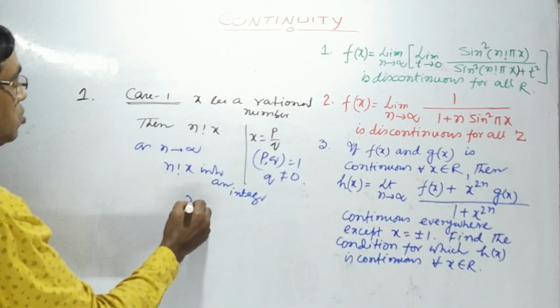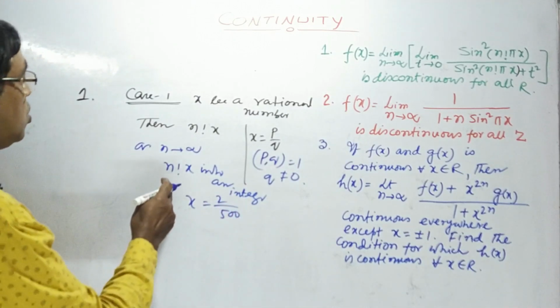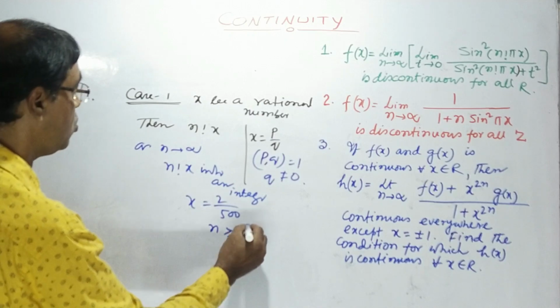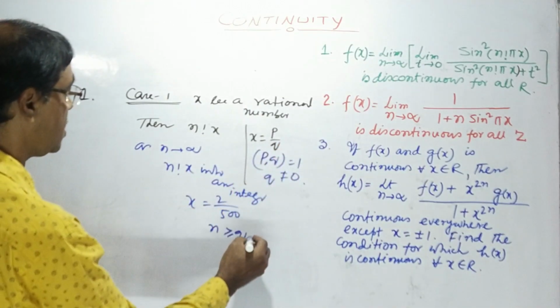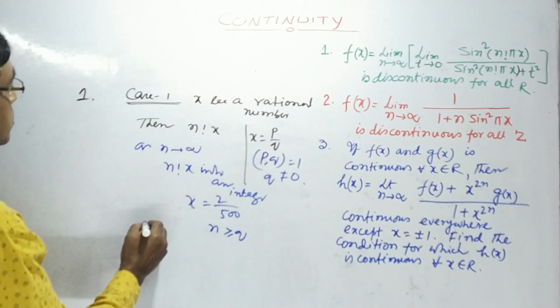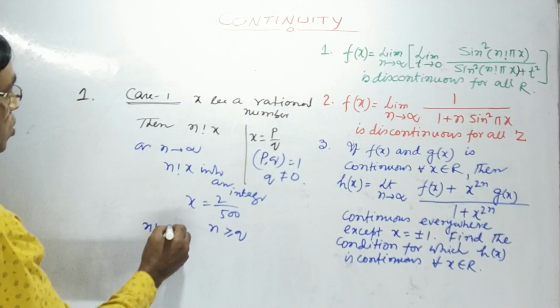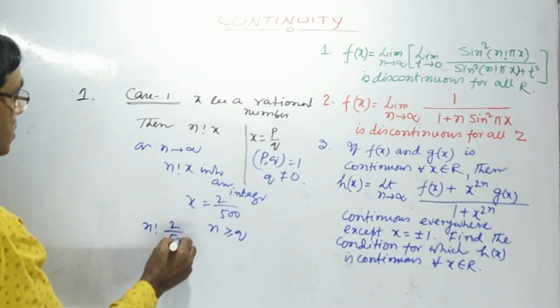Suppose x equals 2 by 500. So we can choose n greater than or equal to q such that n factorial into p by q is an integer.